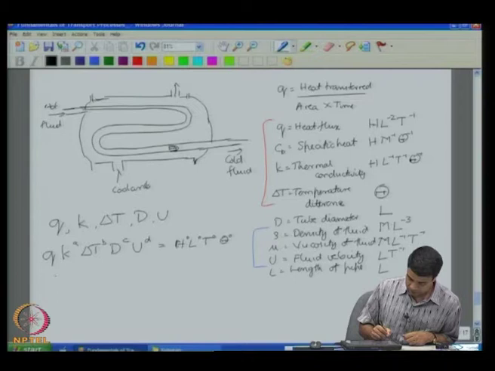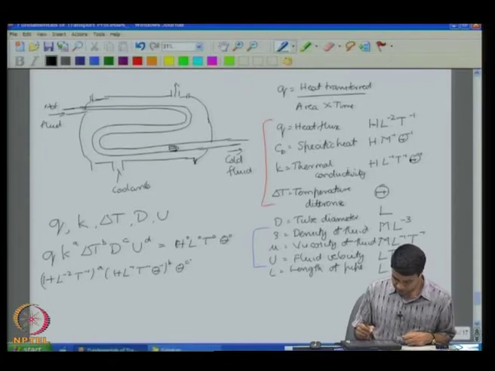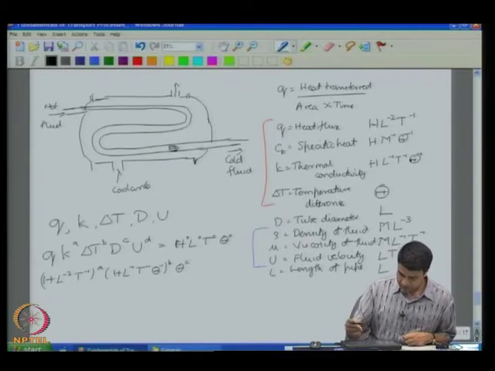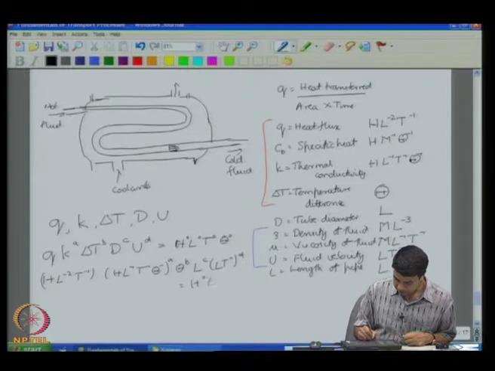So, this q is equal to h l power minus 2 t inverse power a into h l inverse t inverse theta inverse power b, theta power c and l t inverse power d is equal to h power 0, l power 0, t power 0 and theta power 0.